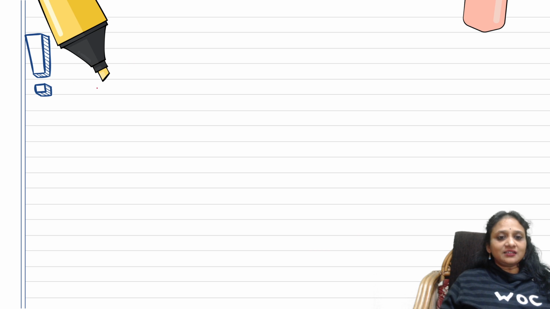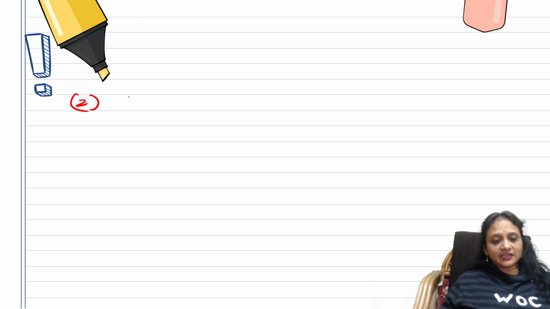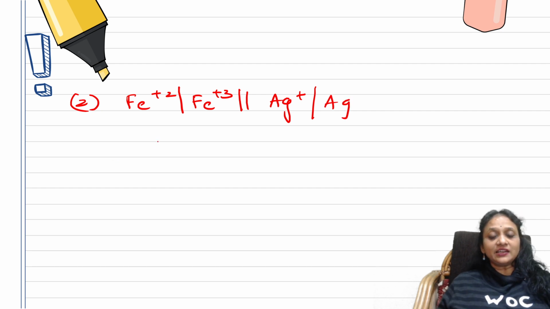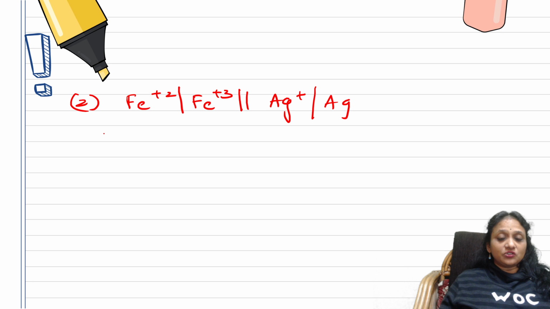For the second equation to solve, again, write down the cell notation, salt bridge, done. Now, step 1 to calculate E naught cell. Write the formula again: E cathode minus E anode.